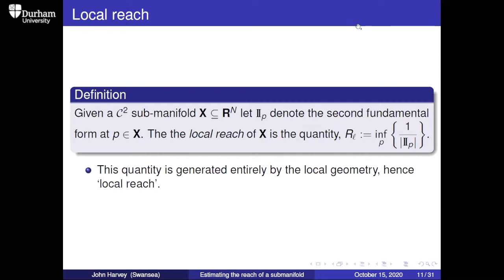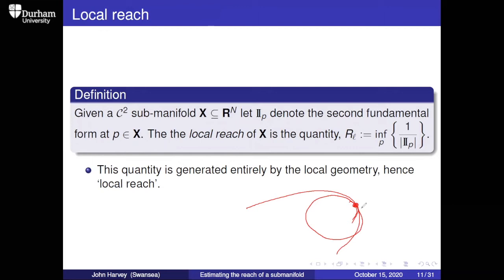Maybe a picture would be good here. Okay, so suppose I'm here at the most curved point. If I take 1 over the norm of the second fundamental form, I will get the radius of curvature. And I'll be able to fit a ball in here that actually fits. One that I've drawn on a blackboard rather than on a drawing tablet.